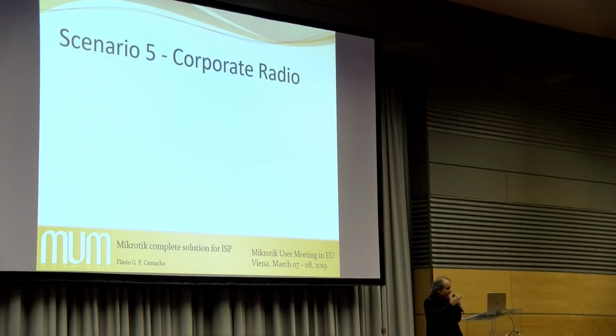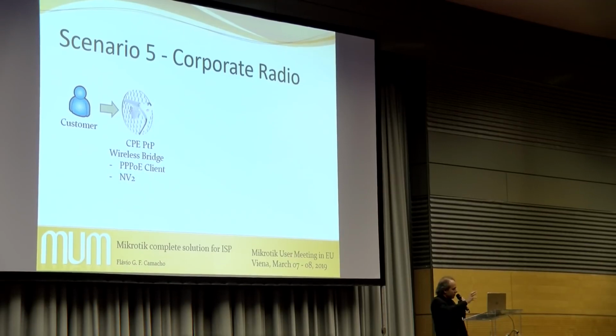We have a lot of space in Brazil, and I imagine in all of the world, for links in radio, corporate links dedicated. And this is the scenario we would have. The customer has a wireless CPE configured as a bridge, point to point, not point to multi-point. And in the tower, in the POP, we have a second one dedicated only for this client.